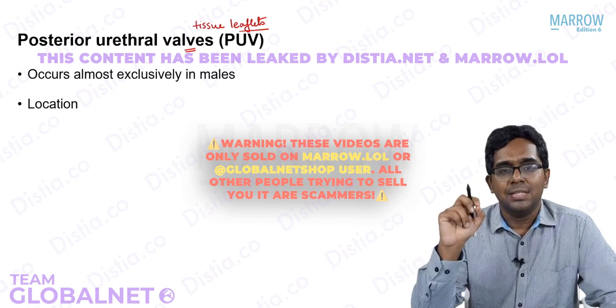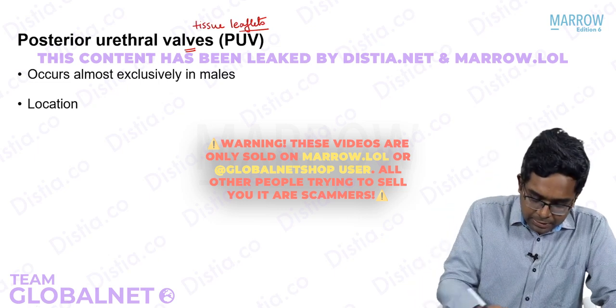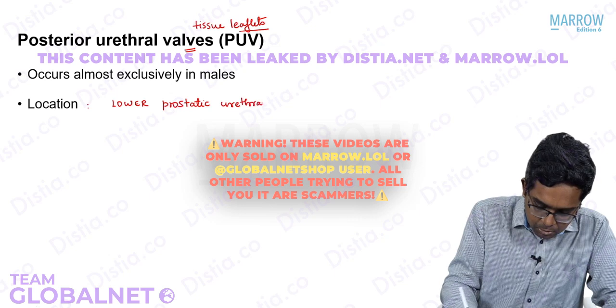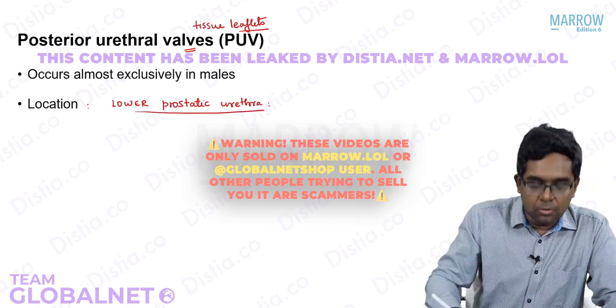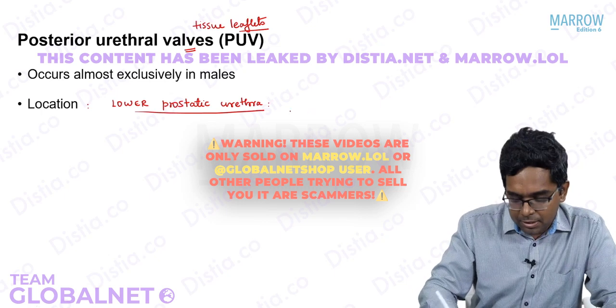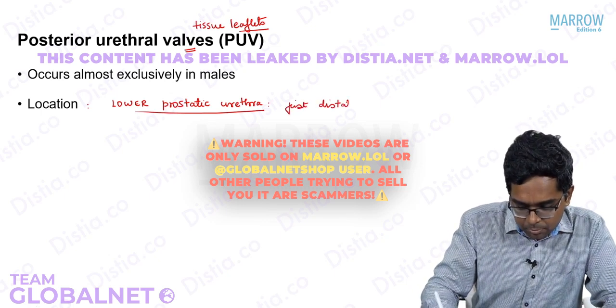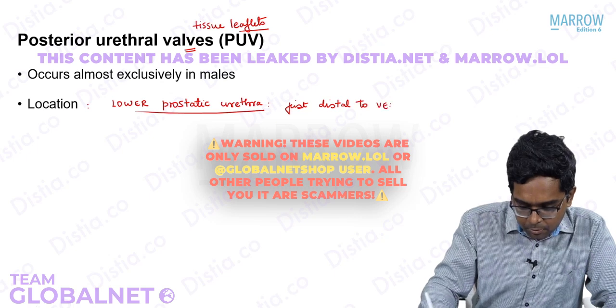You should know the location of these valves. It is in the lower part of the prostatic urethra. This is the usual location, and it is located just distal, or just below, to the verumontanum.